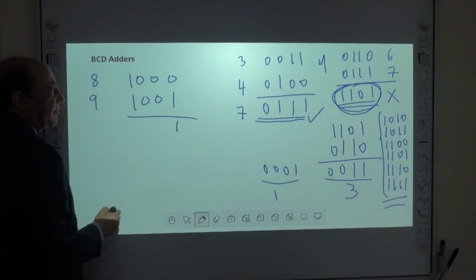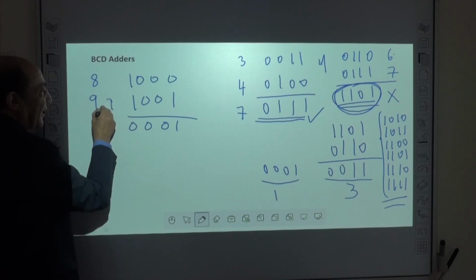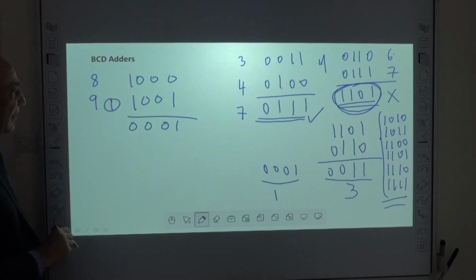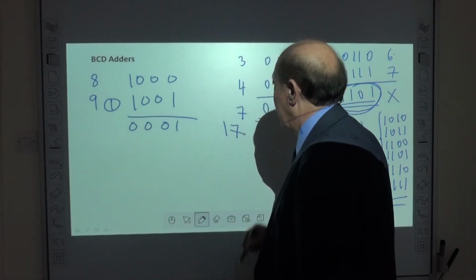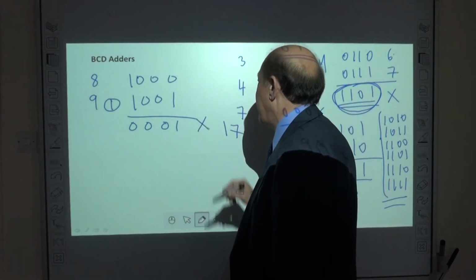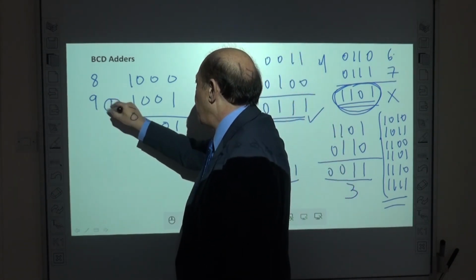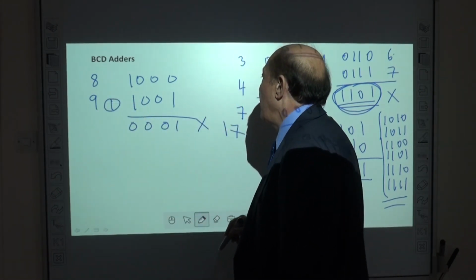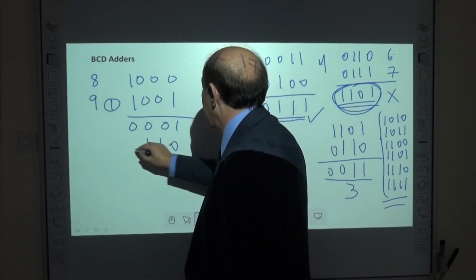Here we have 0001, and we have a carry here 1. 8 and 9 is 17. So our result in this case is incorrect. Since we have a carry, again we need to adjust by adding 6.